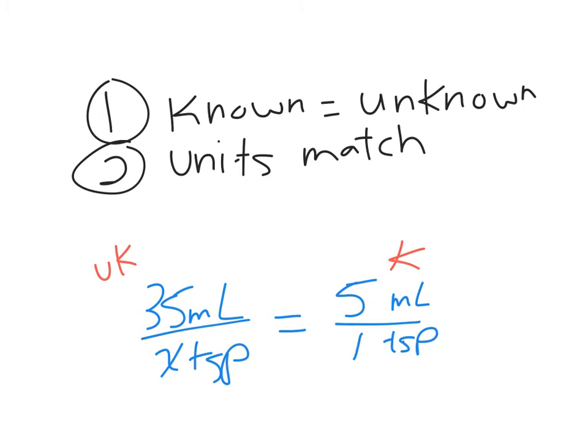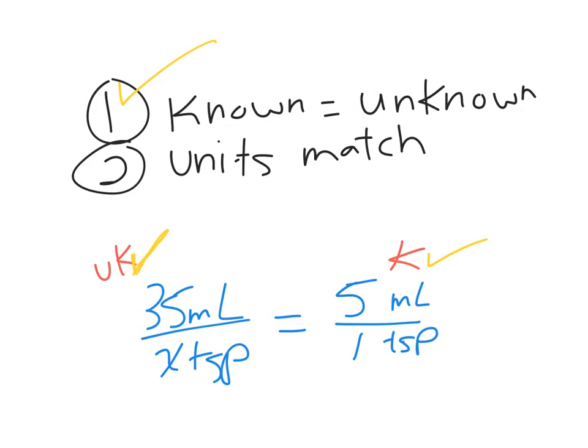Let's see what happens when I cross multiply this problem now, as long as I followed rule number 1 and rule number 2. Rule number 1 says known on one side, check, unknown on the other, meaning I did not separate the 5 and the 1. They're in one fraction on one side of my proportion.